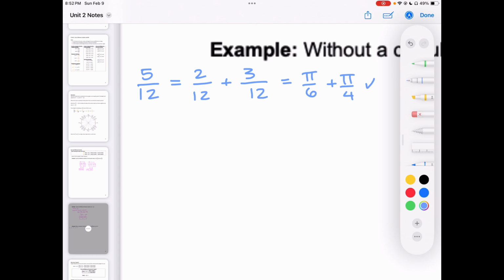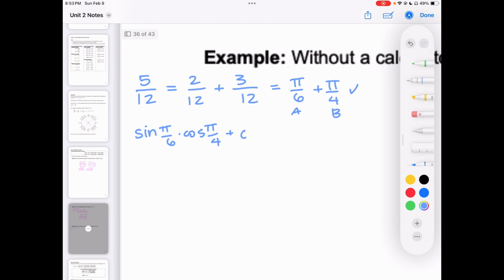So let's go ahead and treat that as A and B and do our sum for sine. Okay, our sum for sine will be sine pi over 6 times cosine of pi over 4 plus cosine of pi over 6 times sine of pi over 4.